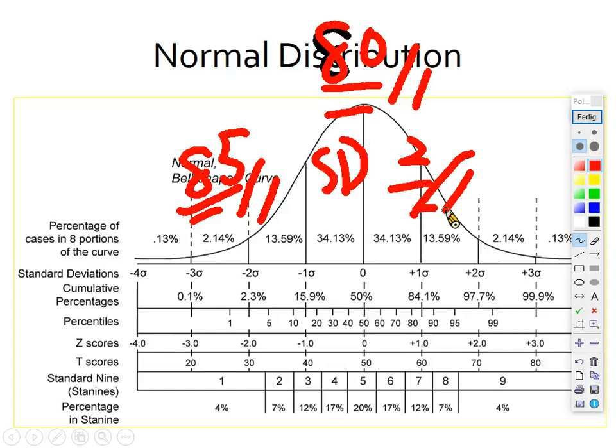Is it 2.3 or 15.9? Let's see this one. We have 80 points here, 85 here. And the standard deviation is 2. So you can move on. Here is 83, here is 81, right? And this is 79. And you are 80, you are somewhere here.